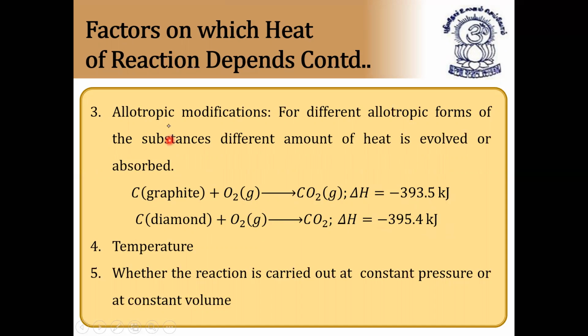Next factor is temperature, and the fifth one is whether the reaction is carried out at constant pressure or constant volume. So all 5 factors are important, and these 3 are very important: allotropic modifications, temperature, and constant pressure or constant volume.